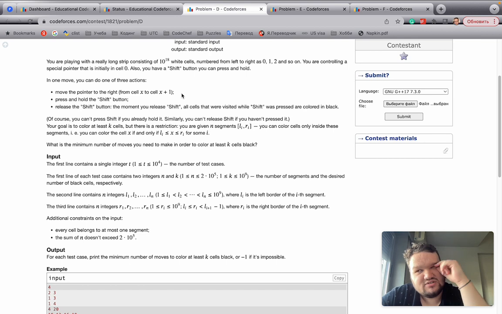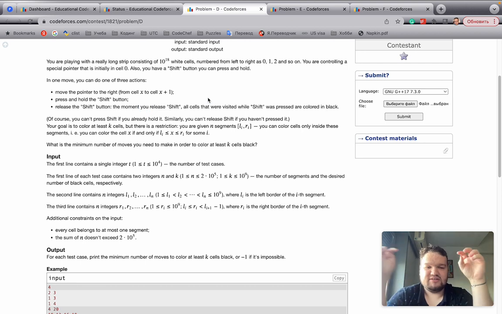And the cost, the number of these operations when we move to the right, is just the position which we reach. But also to color each segment I need to spend 2 operations, right? I need to start coloring it and then end coloring it.